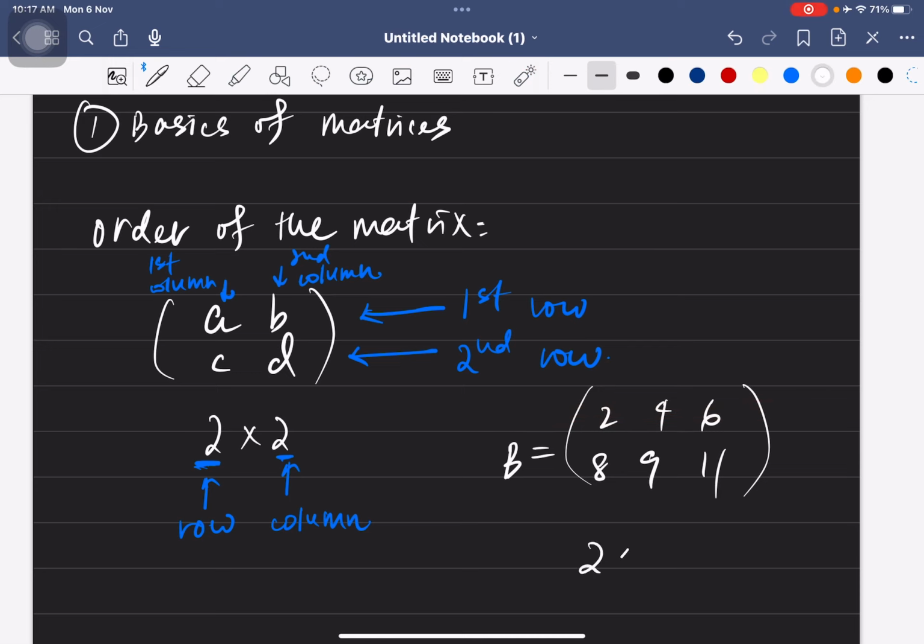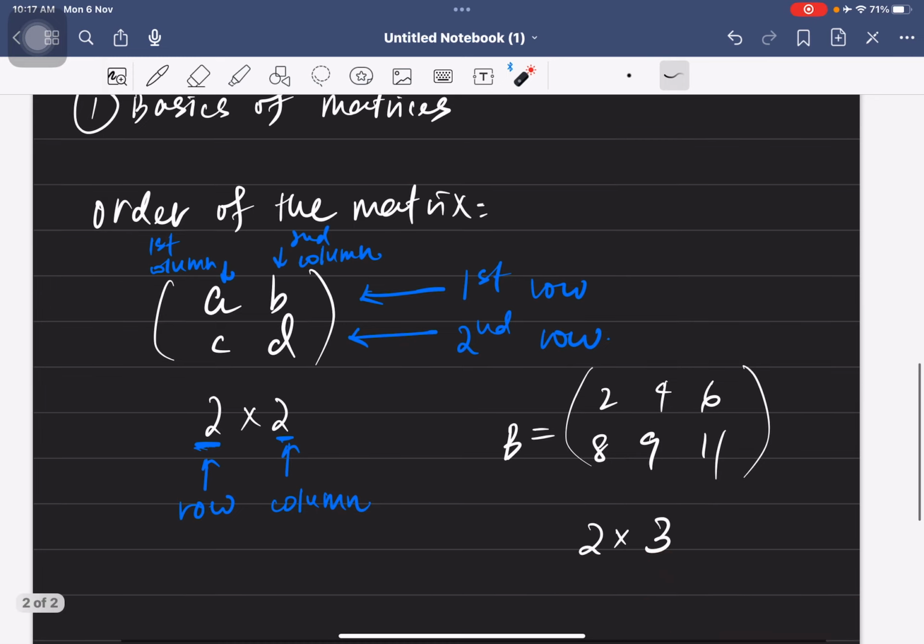How many columns are there? 1, 2, 3, there are 3 columns, so this is a 2 by 3 matrix. Remember, we write the row first and then the column comes after. Alright, so this is what we call the order of a matrix.